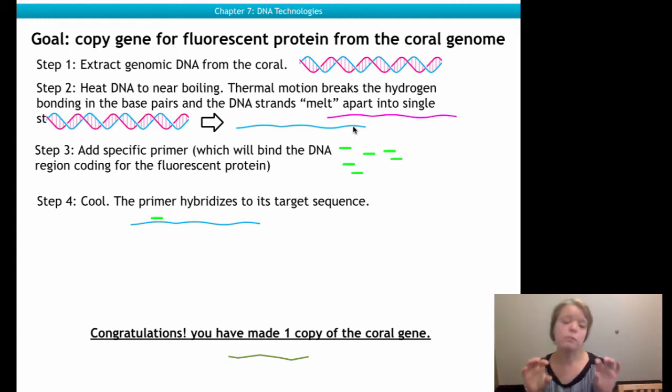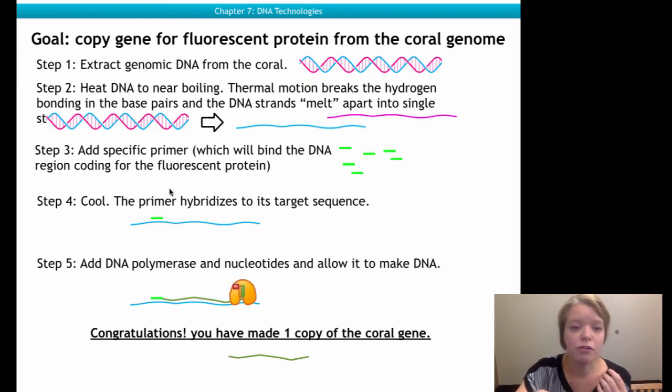But if you cool the mixture slightly to, say, 60 degrees, that's still not enough. There's still a lot of thermal motion for these big molecules, and they haven't fully base paired yet. But the little primers, which only need between 18 and 25 base pairs in order to form a double-stranded helix with the template, will have bound.